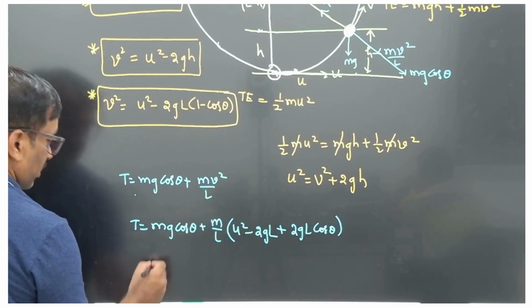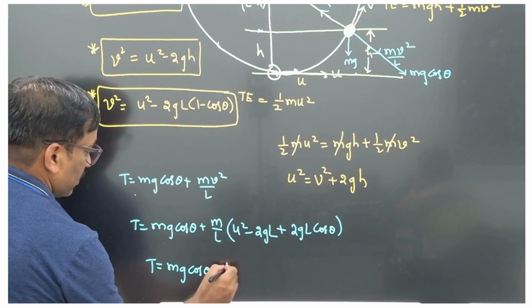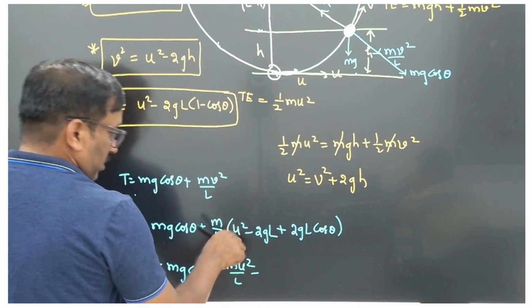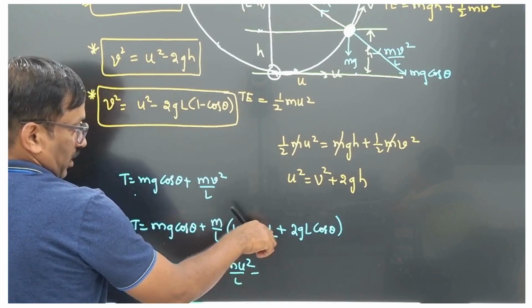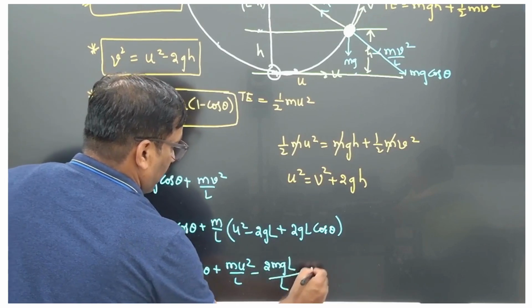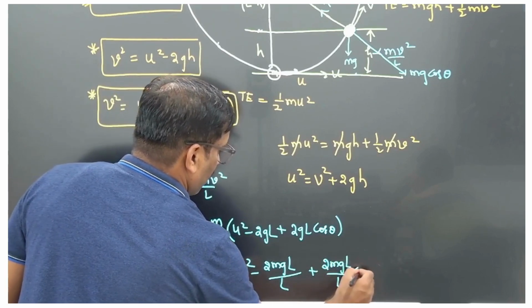Multiplying, we get mg cos theta plus mu square by L minus 2mgL by L plus 2mgL by L into cos theta.